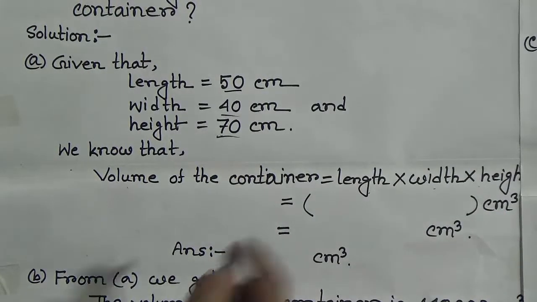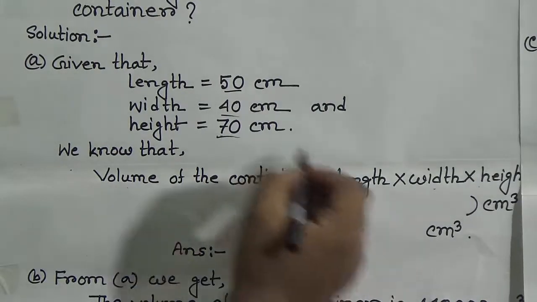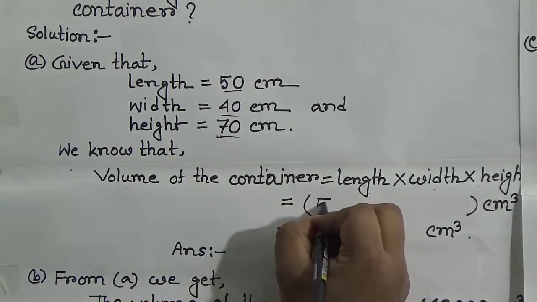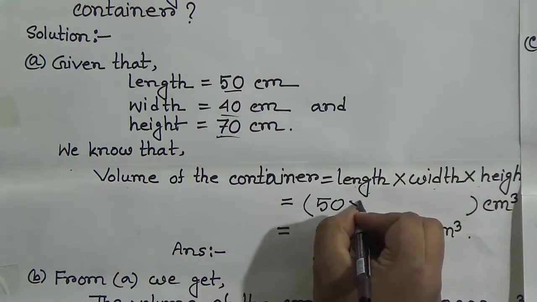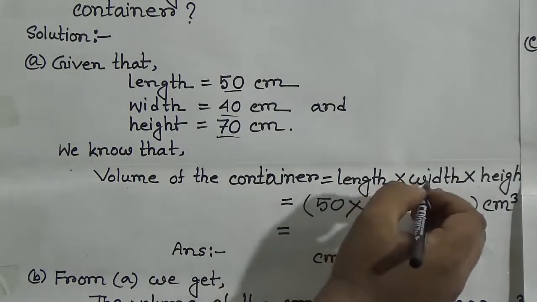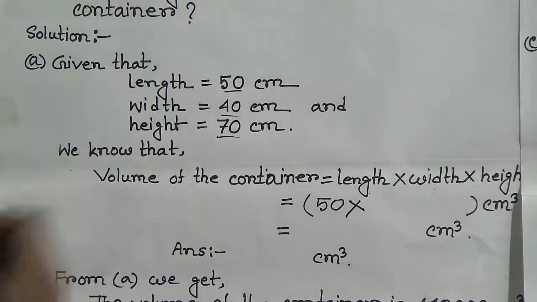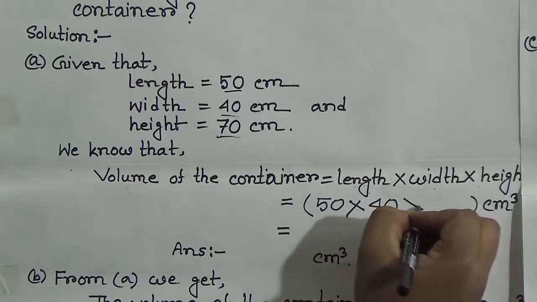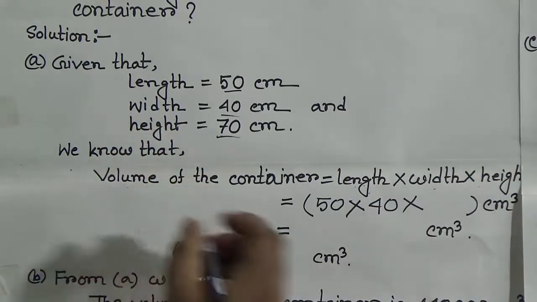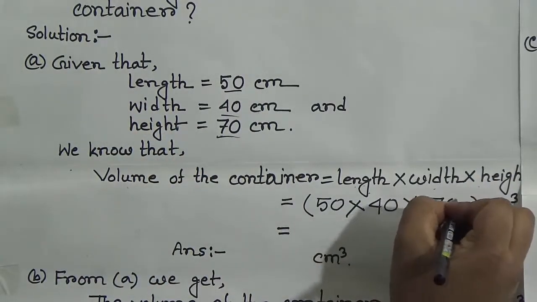Now we put the value of length, width and height. What is the value of length? Length is 50 centimeter. This multiply sign is here. Then what is the width? Value of width, that means 40. So we write here 40. What is the value of height? The value of height is 70.